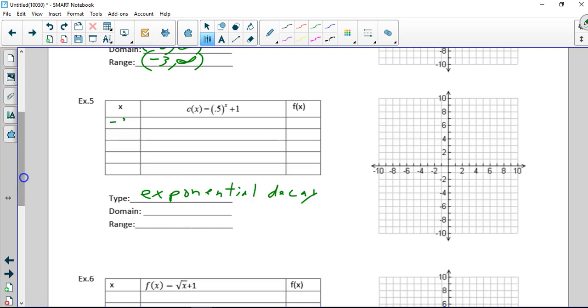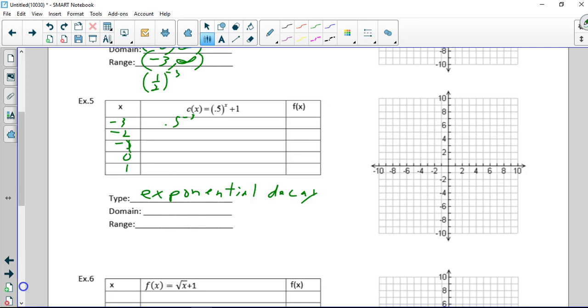So I'm going to start at -3, -2, -1, 0, 1. So 0.5 to the -3. Remember, that's 1/2 to the -3rd.